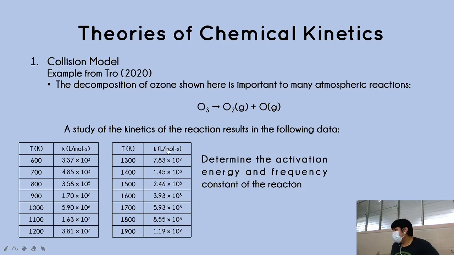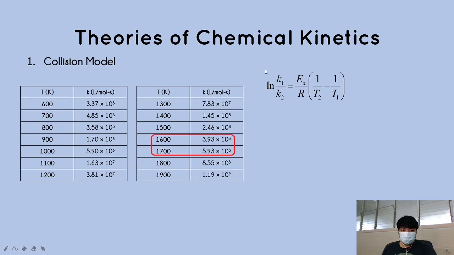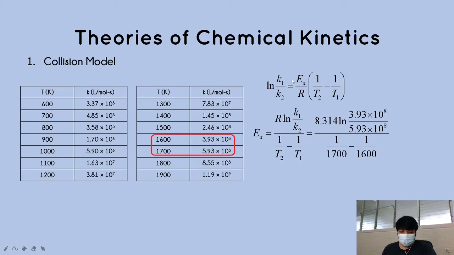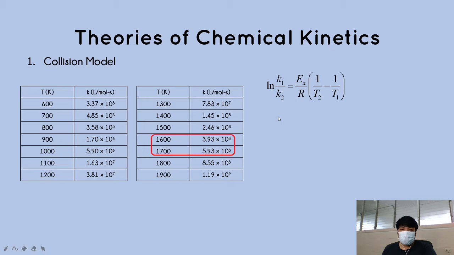So again, we'll use the example graph that we obtained, and let's try picking two data points here. So two data sets here. Let's try picking this data set between 1,600 and 1,700, and we apply this linear equation here to get the activation energy.